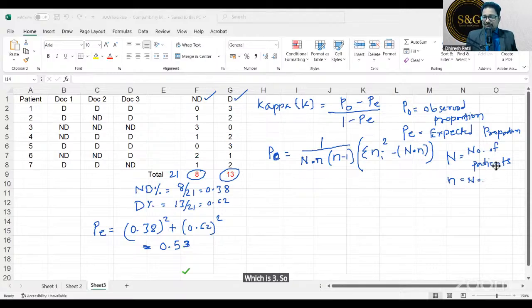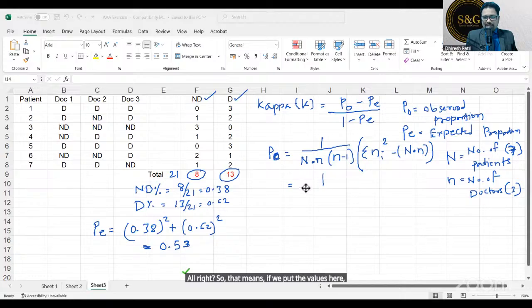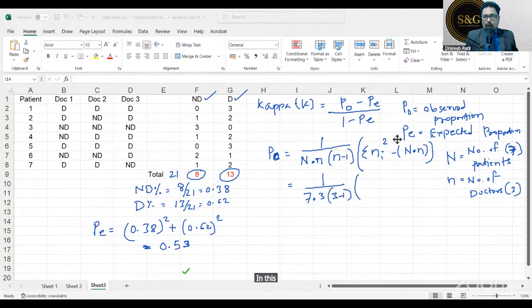So patients are 7, and the number of doctors is 3. So if we put the values here, 1 divided by 7 into 3 into (3 minus 1). Now, what is this Ni?